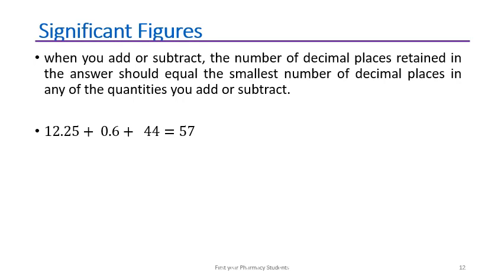For example, 12.25 has 4 significant digits with 2 decimal places, and 0.6 has 1 significant figure with 1 decimal place, and 44 has 2 significant digits but no decimal places. So the answer should be without any decimal places: 57.